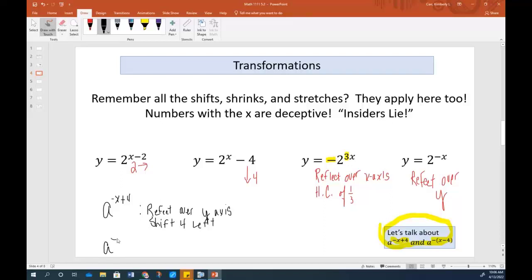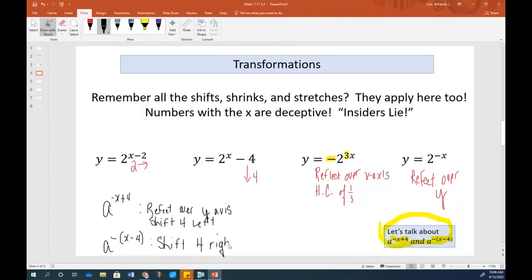If we write it like this, a to the negative x minus 4, this one is a shift, because I'm starting inside the parentheses, 4 to the right, and then a reflection.